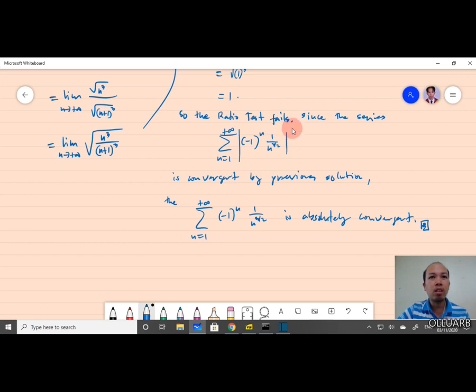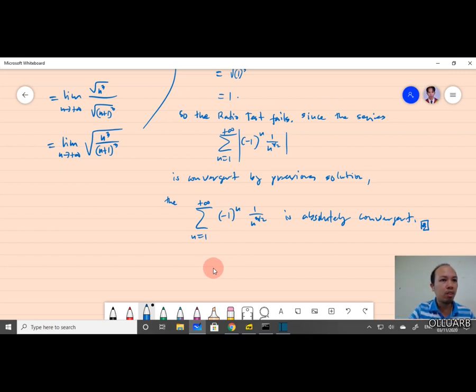After that, do not conclude that the series is conditionally convergent. If the limit is equal to 1, then use the definition.